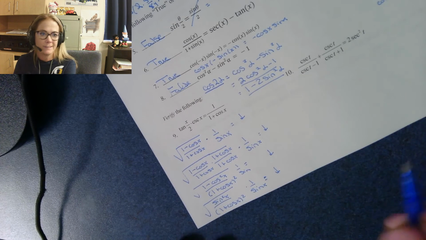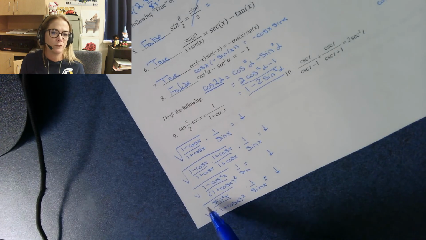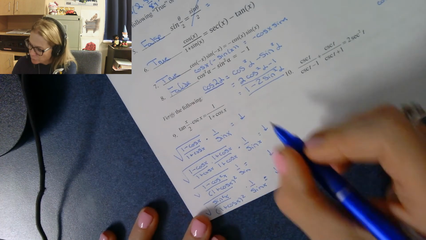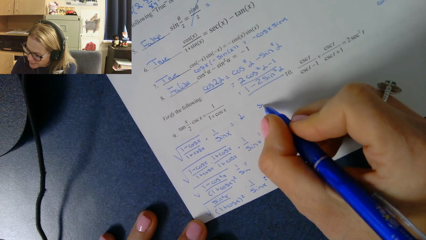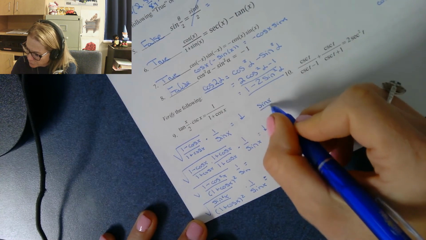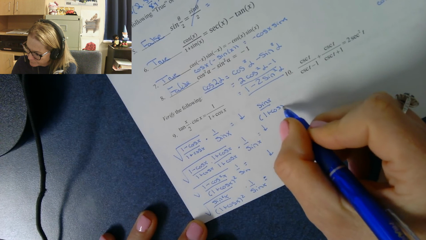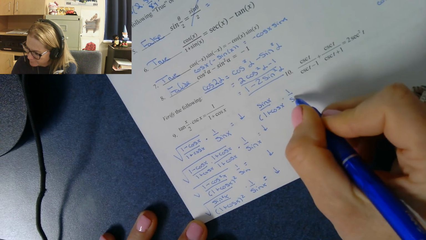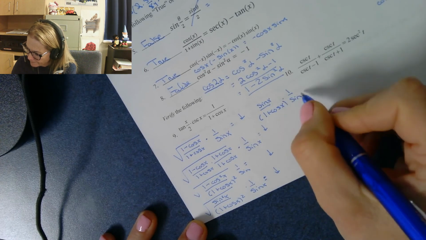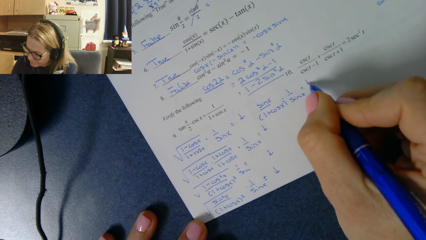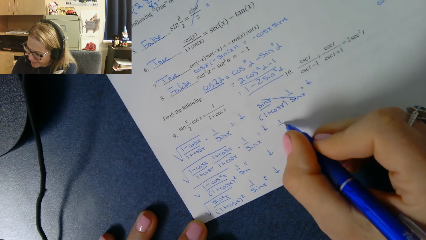And so what this does for me is I can now square root something squared. I can square root sine squared, and that's just sine of x. And I can square root the binomial squared, so that's just the binomial. And I've got this 1 over sine. Cancel, and we're there.